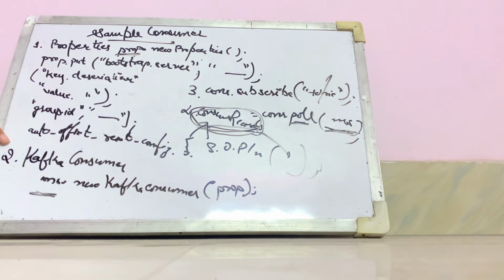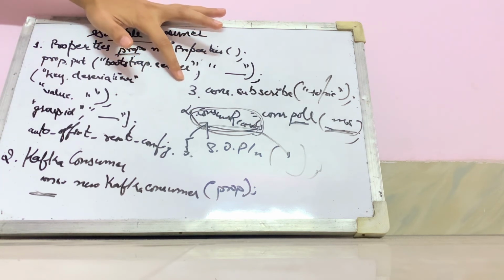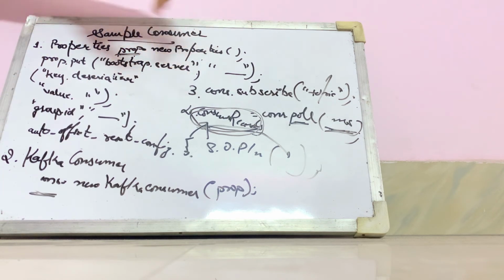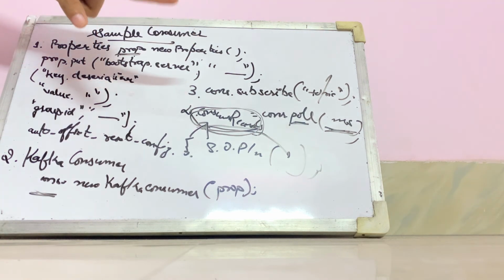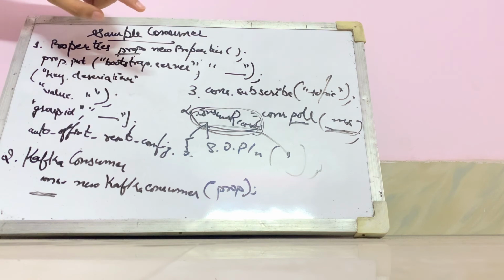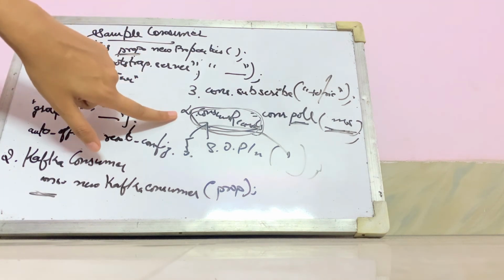After the creation of all the properties, we have to set these properties in something. So the second step will be to create the Kafka consumer object and set all the properties into it. Then this consumer object will have to subscribe to the topic it should read from. Once it has subscribed, we will poll all the messages for a certain duration of time. Once the poll API is called, it will return the consumer records.